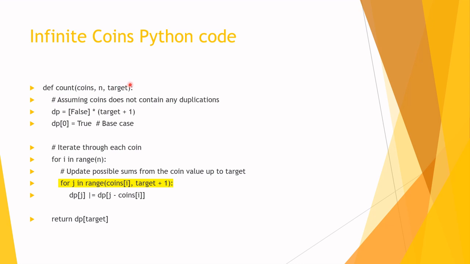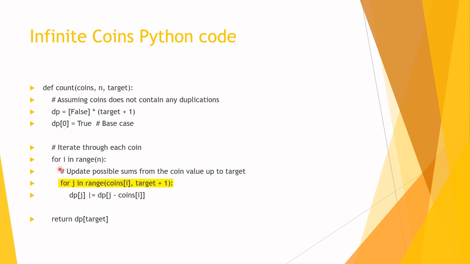Now for infinite coins, this is the pseudocode, or the Python code, that I'll be using. Here we are initializing dp with false, and it will be a one D array, obviously, an array of false, and dp of 0 we are setting as true.